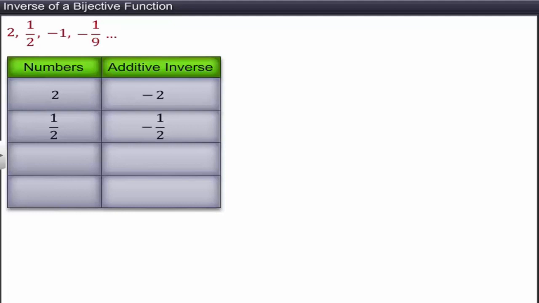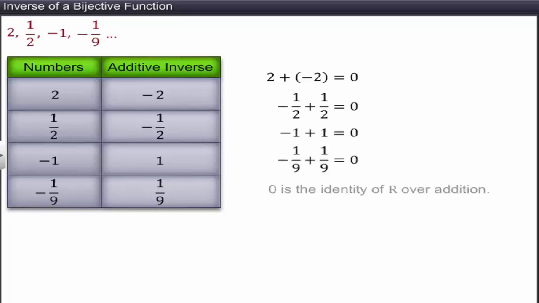The additive inverse of -1 is 1, and the additive inverse of -1/9 is 1/9. It is to be noted that, on adding the inverse of a number to it, we get 0, which is the identity of the set of real numbers over addition.